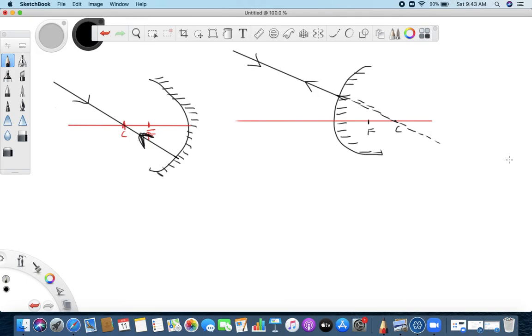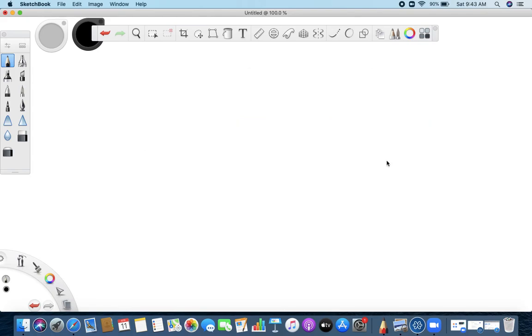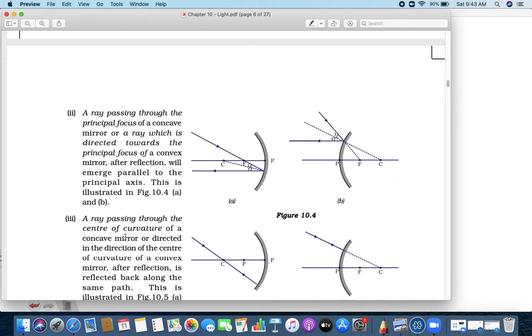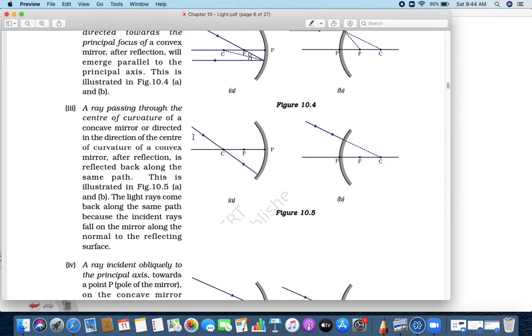In the third case, when the incident ray passes through the center of curvature, after reflection it passes through the center of curvature only. Let's see in our textbook what they say. See, the incident ray after reflection passes through C only, and the same is for a convex mirror.